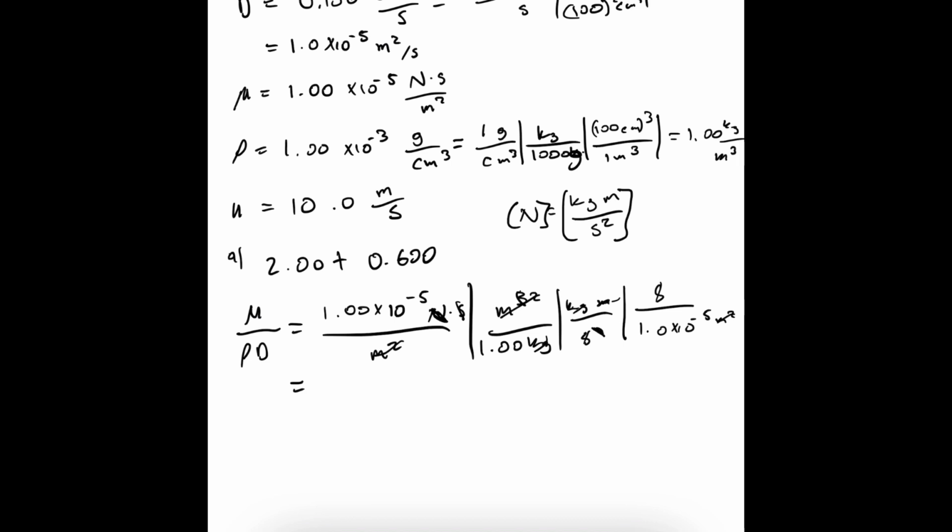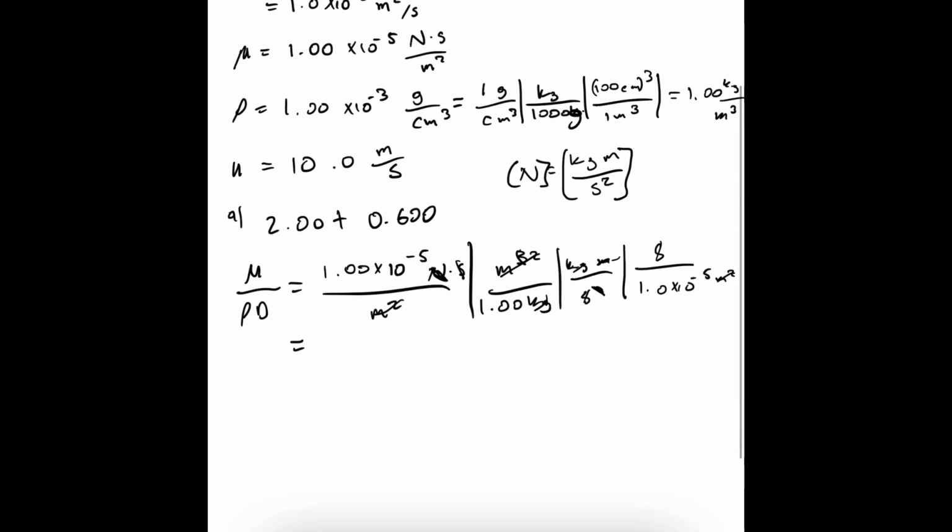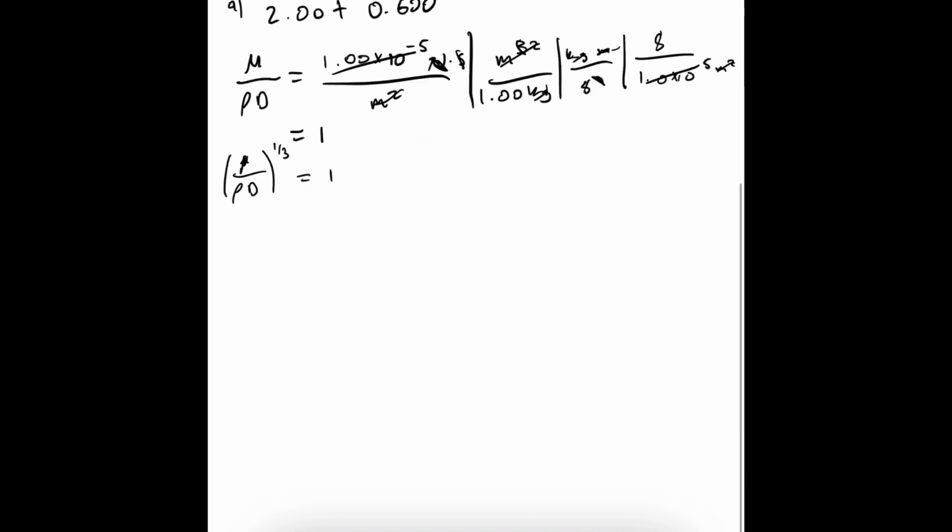Our unitless combination is equal to 1, because this cancels with this, and we're just left with divided by 1, so that's 1. Then we need to raise this quantity to the third power, which also equals 1. Okay, so we figured out what that term is.